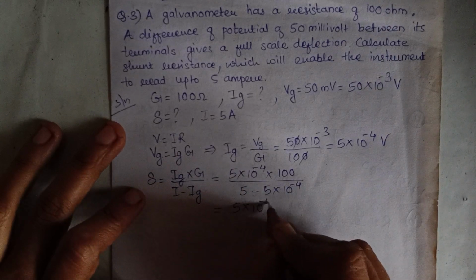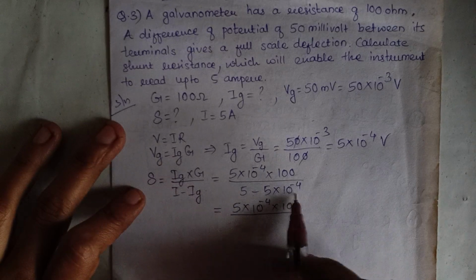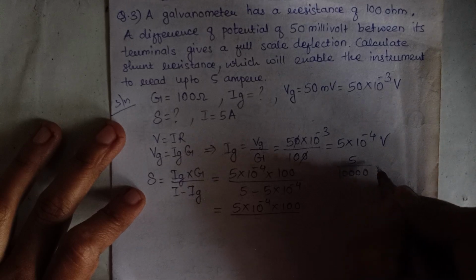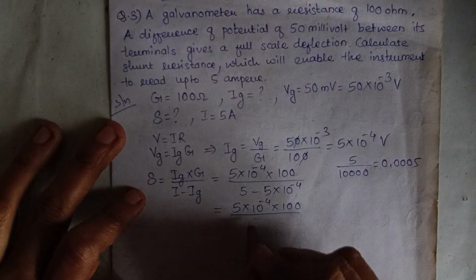Again you convert it: 5 into 10 raised to minus 4 is 5 upon 10,000, so this will be 0.0005.